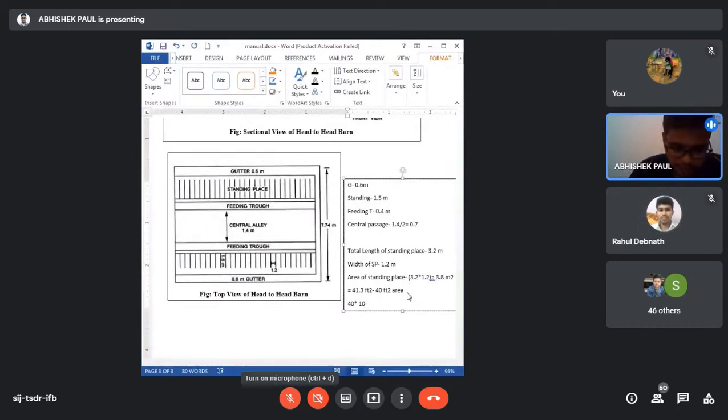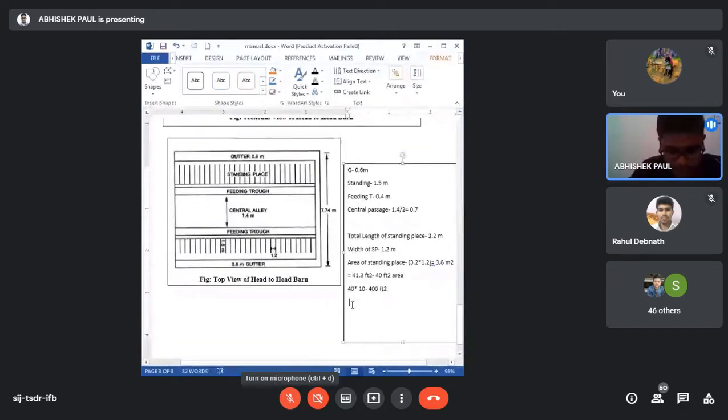So that means 400 feet square, isn't it? Now you assume the cost of construction of the building is 800 per square feet.